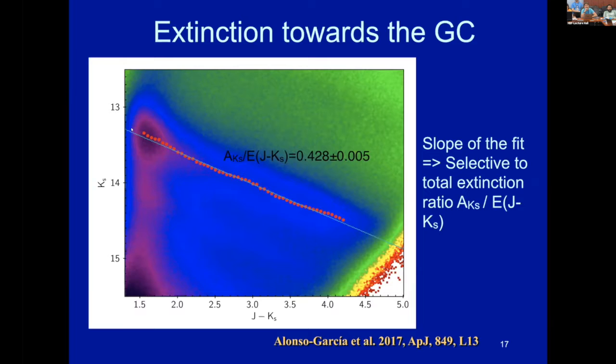We then did a linear fit to these positions, and the slope of this fit gives us the selective extinction ratio for this region.